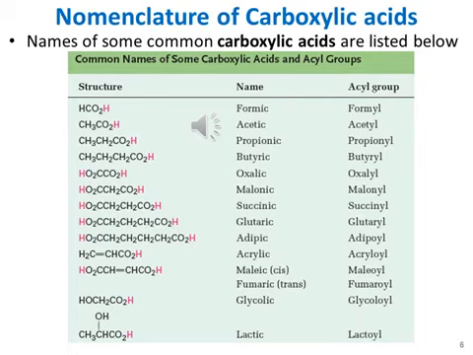So these are geometrical isomers of each other. The acyl groups of the maleic and the fumaric acid, which are again dioic acids, are called the maleyl and the fumaryl. The dianion of the maleic acid is called the maleyl, whereas the dianion of the fumaric acid is called the fumaryl.